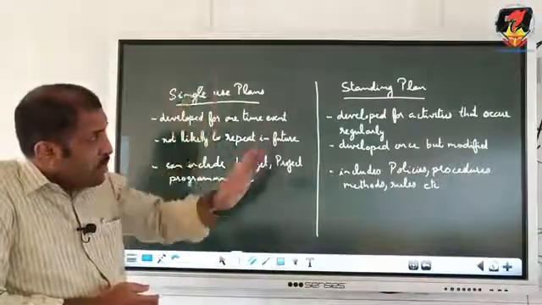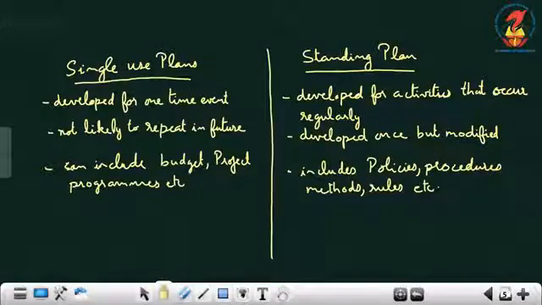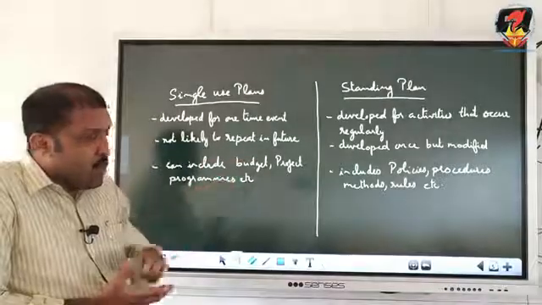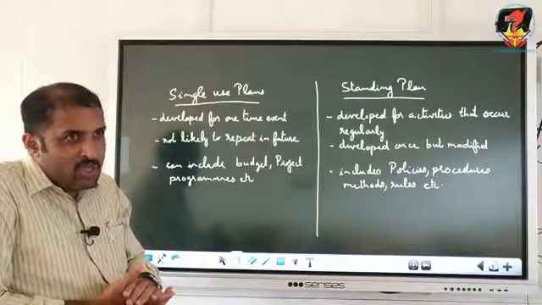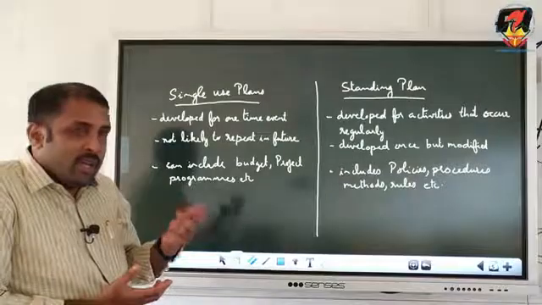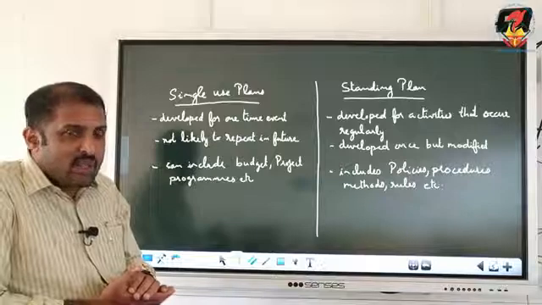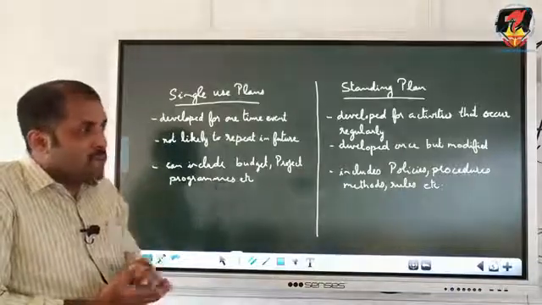Whereas, when we come to standing plans, those are developed for activities that occur regularly. That means activities happening a number of times, every day, or frequently. We use standing plans, and a standing plan is developed once but modified. For example, policy. A policy is made once and developed. Many things, once we have decided, need upgradation.